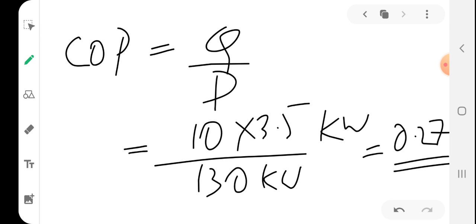Understanding the TS diagram and finding the properties at the salient points at each position, you will be able to solve this problem very easily. So that is the concept. Hope you have understood how to solve this kind of problem. Try to solve different problems from the textbook, then it will be easier for you to solve in the examinations. Thank you.